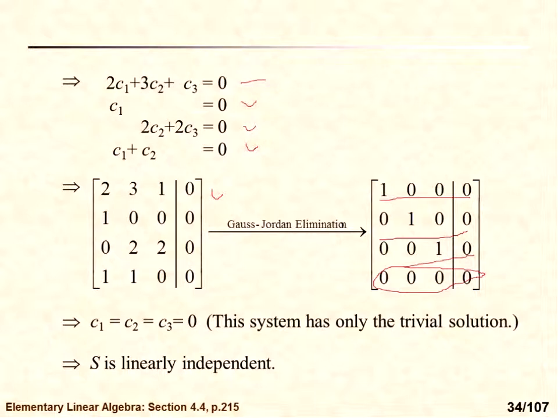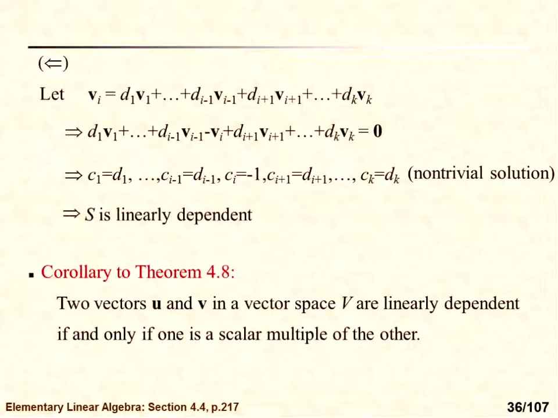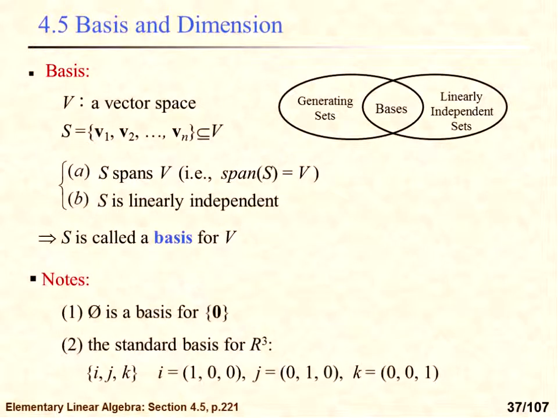We have three constants and four rows, and one row becomes 0, and we check that the value of C1 is 0, the value of C2 is 0, the value of C3 is 0. So all the values of C are 0, so the system is linearly independent. So these are some properties of linear independence.